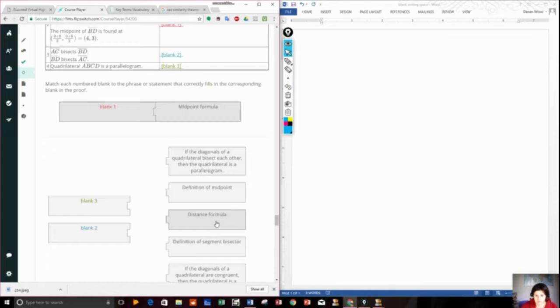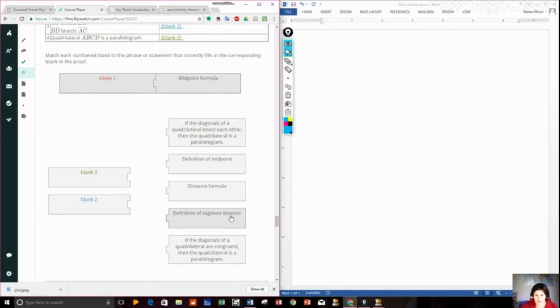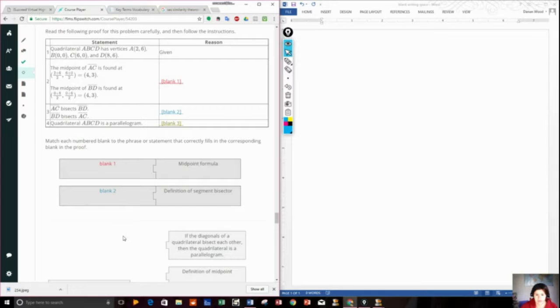And then the other option is definition of segment bisector. And that is what I'm going with on 2, because they're not talking anything about parallelogram in statement 3. So that's why we're going for a definition of a segment bisector.